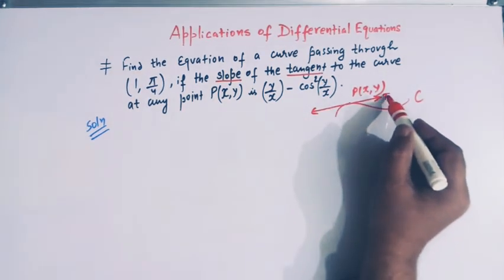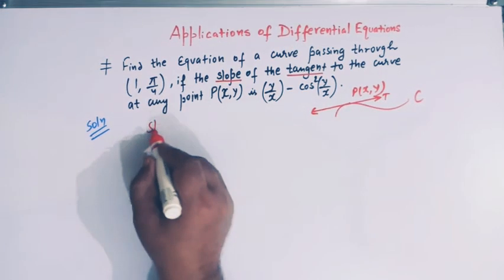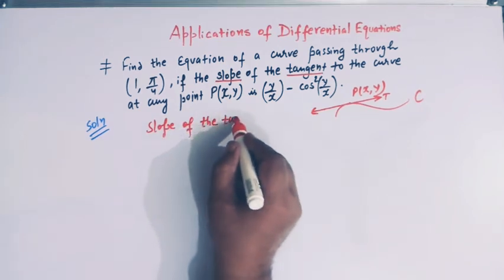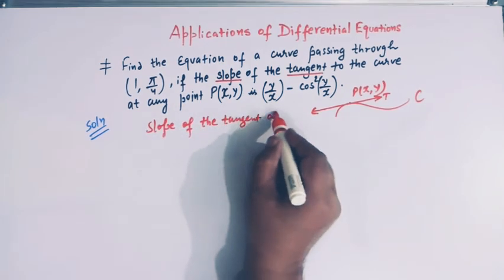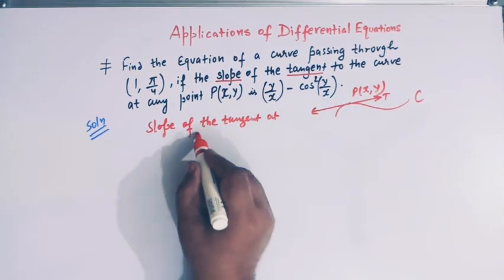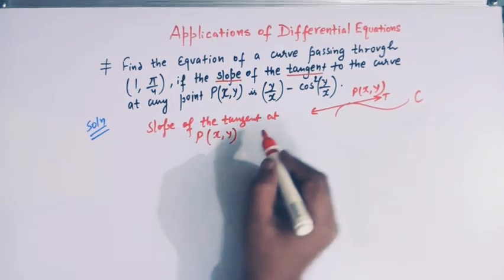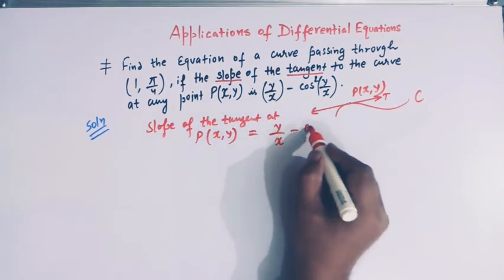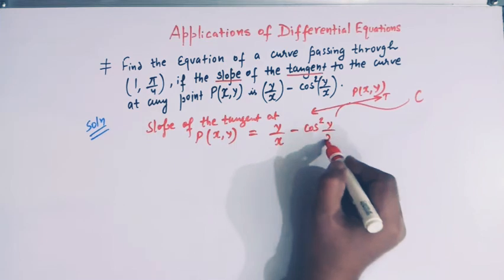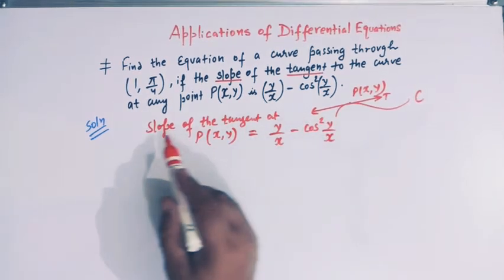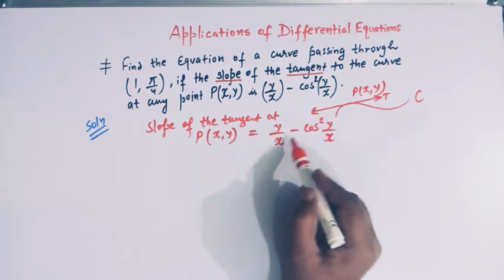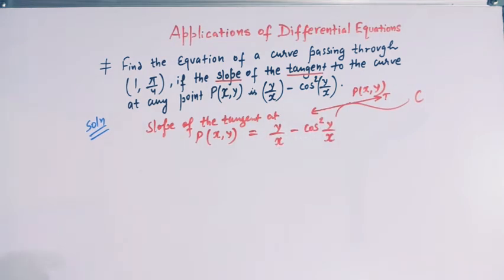and the tangent is denoted by t, so the slope of this tangent at this point P x comma y is given as y over x minus cos square y over x. So the slope of the tangent is given by y over x minus cos square y over x.